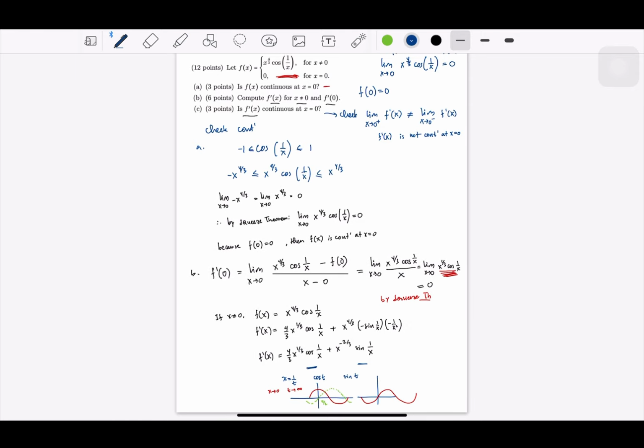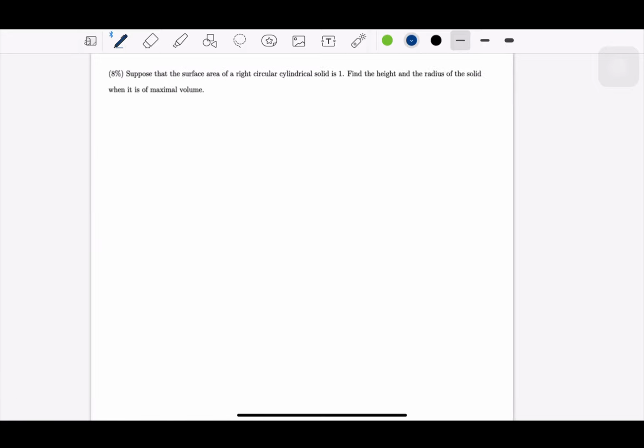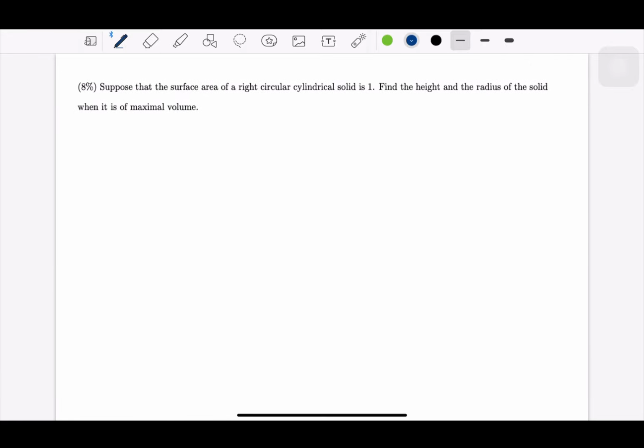Okay, next question. Suppose that the surface of a circular cylindrical solid is 1. First is the surface area of the cylinder.